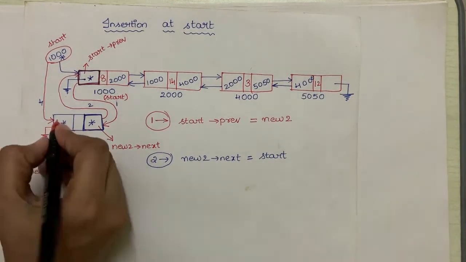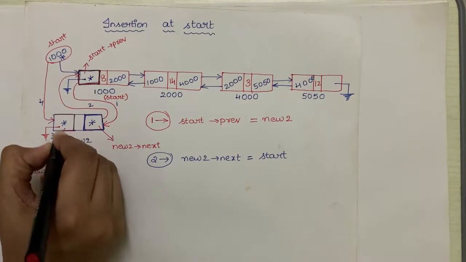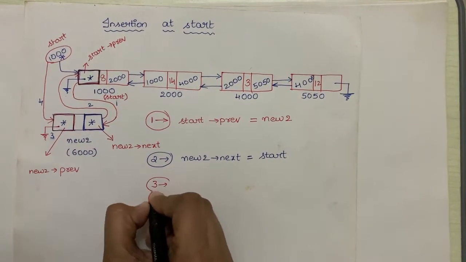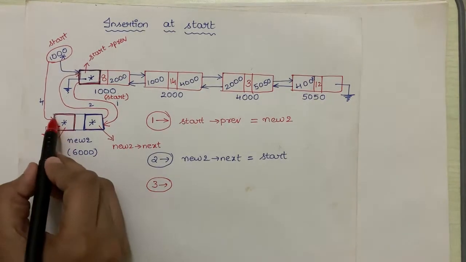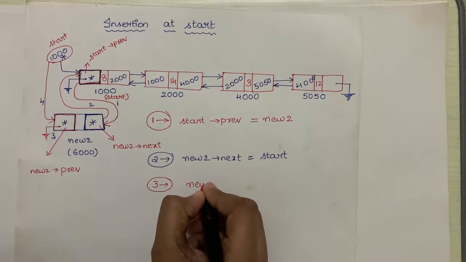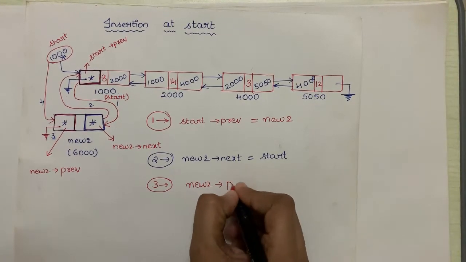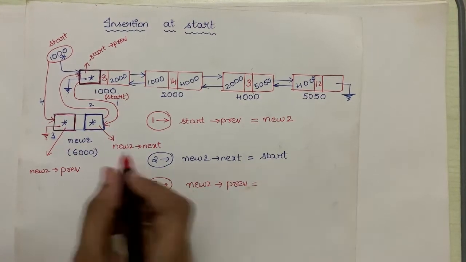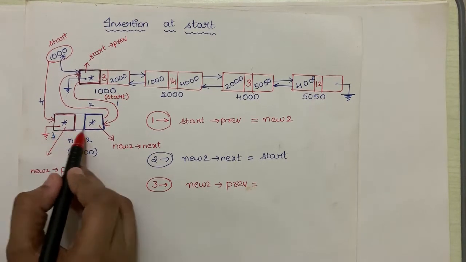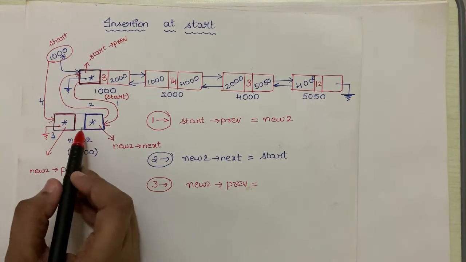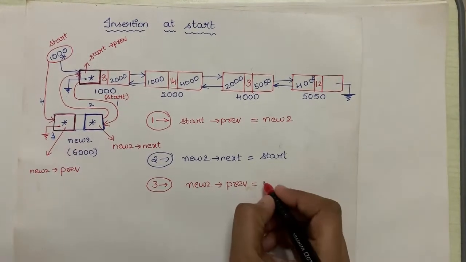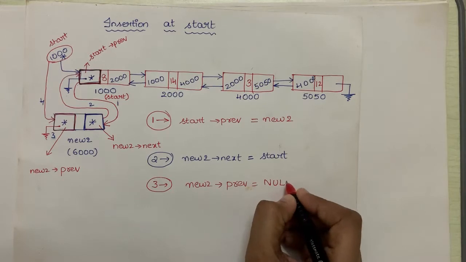Now coming to the third operation. The name of this field is new2 previous. This field must store null because this is the starting node, and the property of the starting node is that the first field should store null. So new2 previous is equal to null.